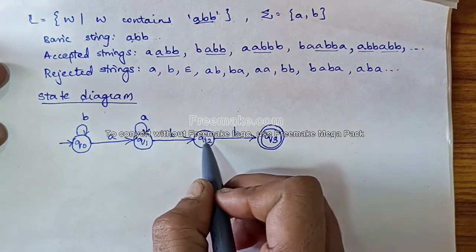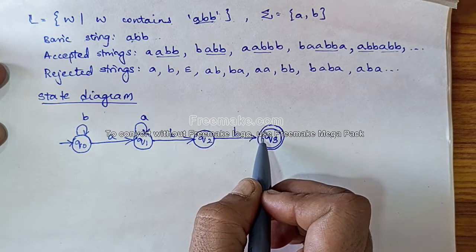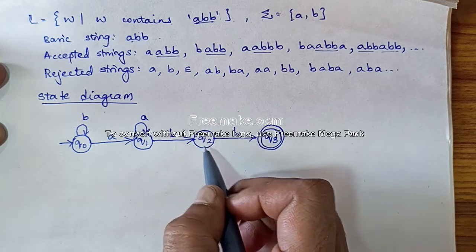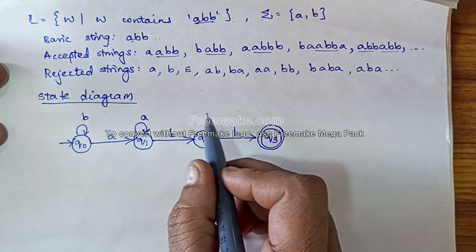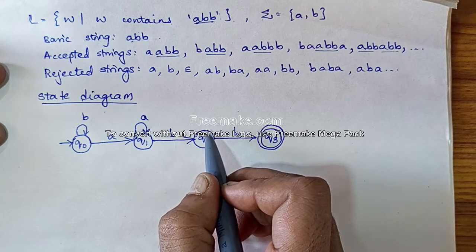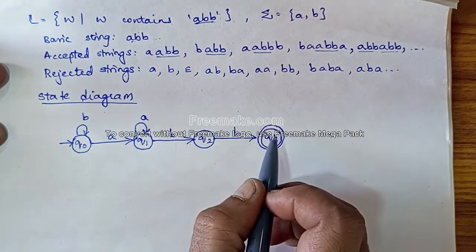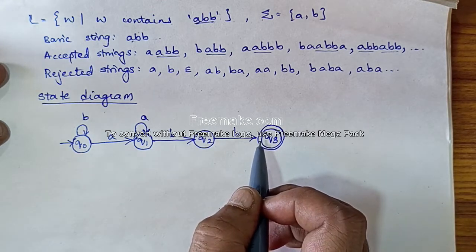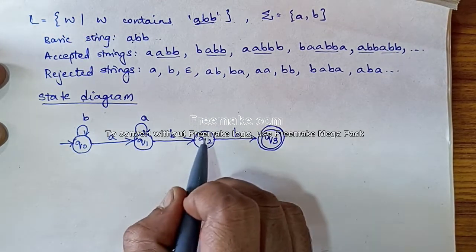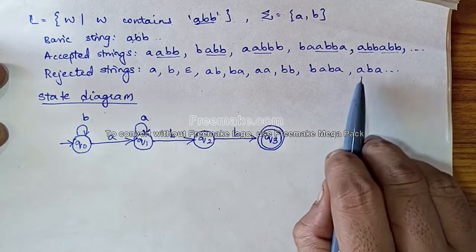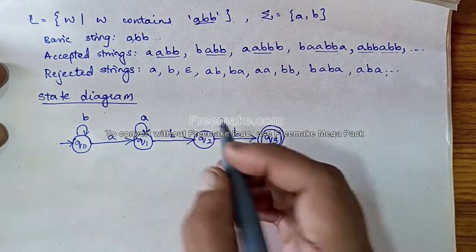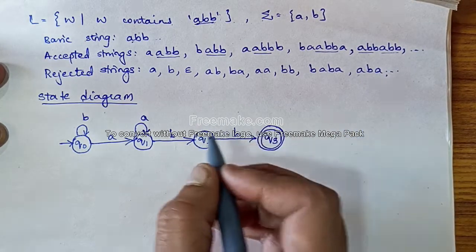Now on Q2, I get a B, I go to Q3. On Q2, on getting an A, what can be done? If I give a self loop on A, what will happen? A, B, B will be accepted. That is not a valid string. Or A, B can also get accepted and that will not be a valid string. So I cannot give a self loop over here.